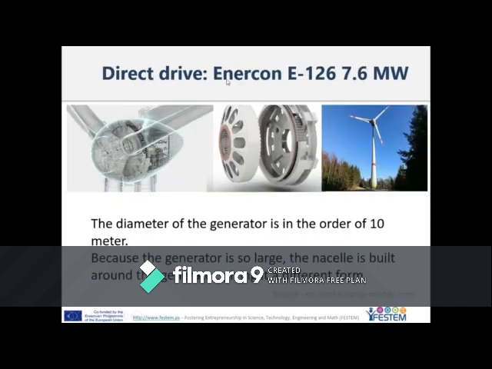Direct drive, the Enercon E126, produces 7.6 megawatt. The diameter of the generator is in the order of 10 meters. Because the generator is so large, the nacelle is built around this generator, giving it a different form.